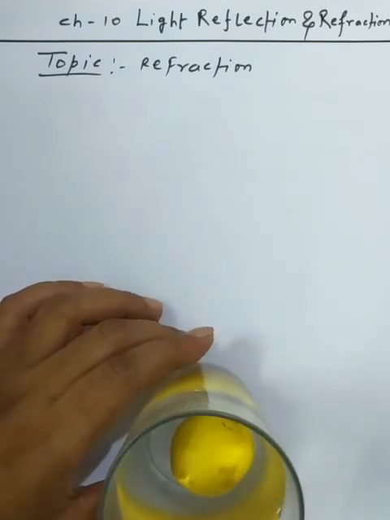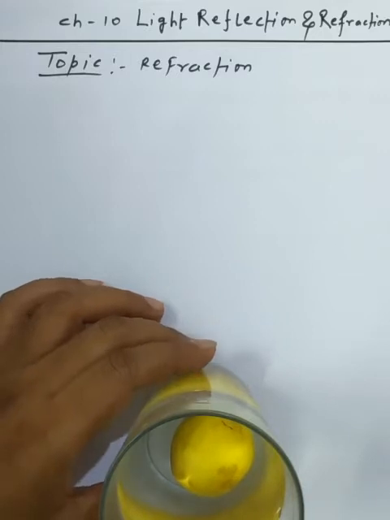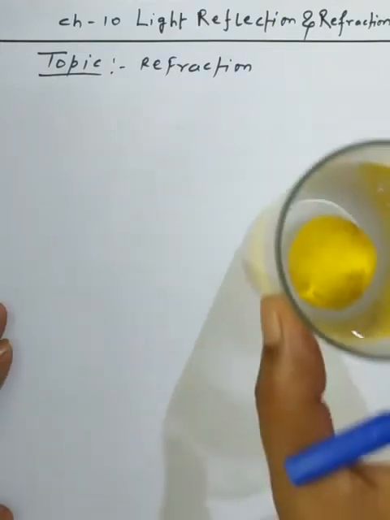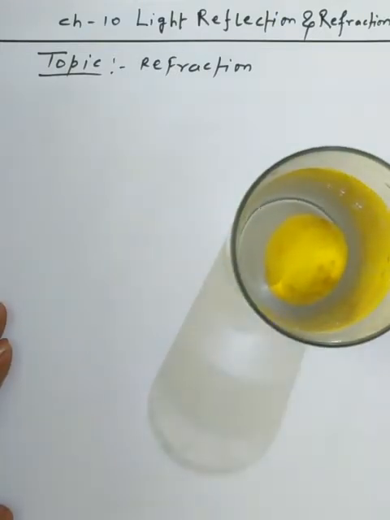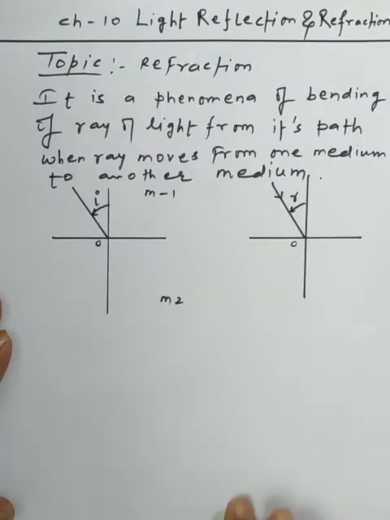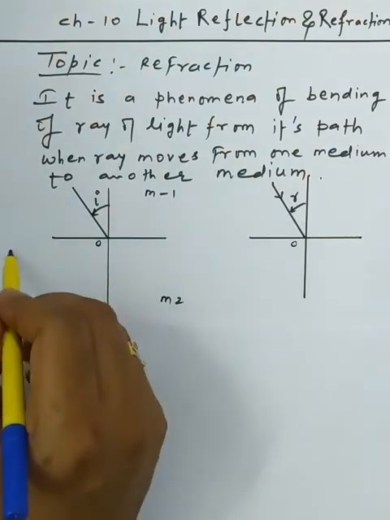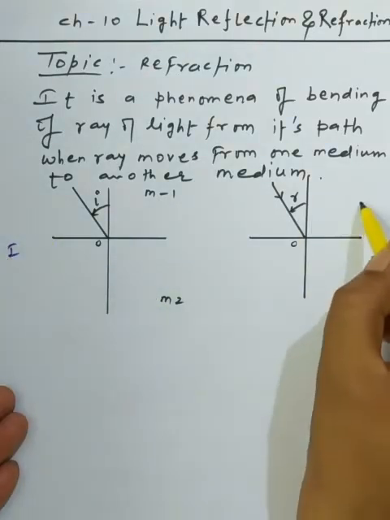Okay, and generally we can take more examples in front of you. So on pen and paper, how can we show refraction? I am taking a diagram in front of you, the ray of light in the diagram. This is diagram number one, and this is diagram number two.